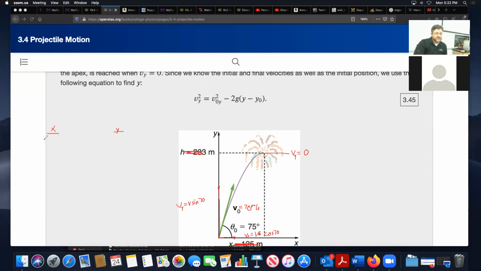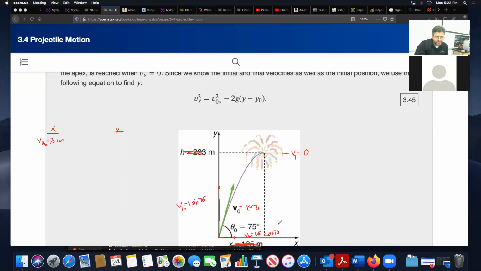We can actually figure out something in the y component fairly quickly because we know some things. I like to write down what I know right away on each of these. I know that the initial velocity in the x direction, Vx naught, is equal to 70 meters per second, because that's my velocity, times the cosine of 75.